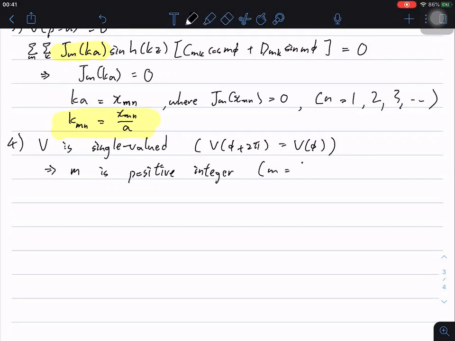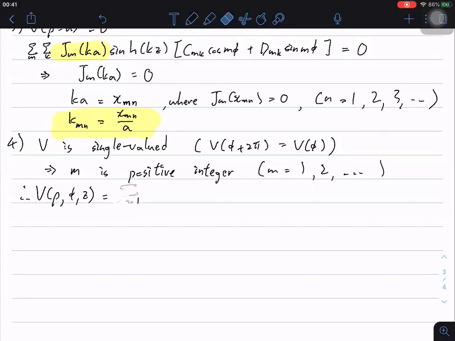So again, m runs from 1 to infinity. So now we have a much shorter form of our solution, with m and n going from 1 to infinity.